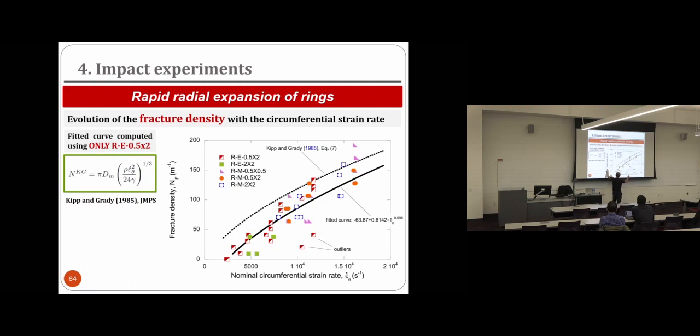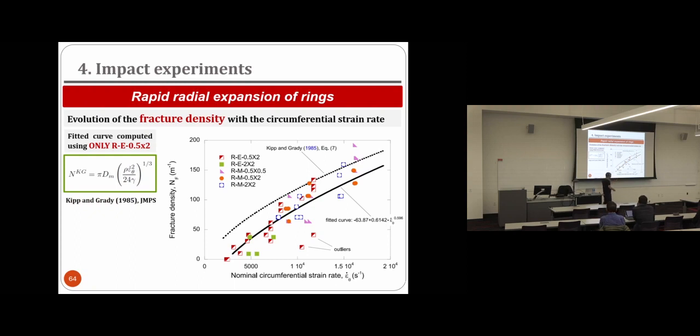This is for the evolution of the fracture density as a function of the strain rate. Fracture density, for all purposes, is the number of fractures per unit length. So with our setup, we can reach these strain rates, 10 to the 4 and above, and these are the experiments performed in Ravi's lab for strain rates of the order of between 5,000 and 10 to the 4.